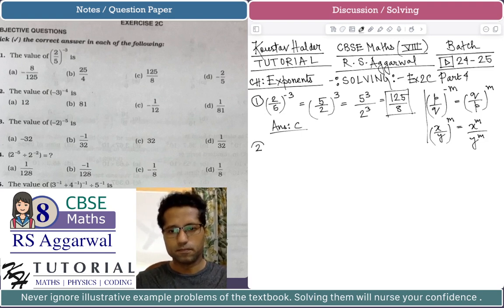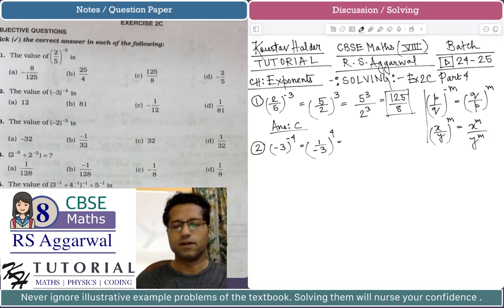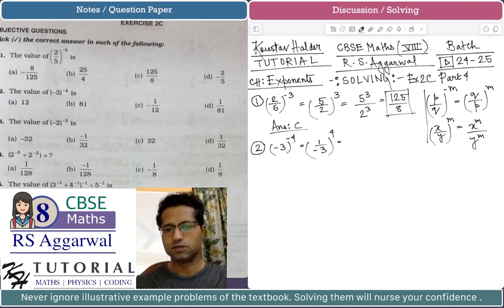Problem number 2. We have to find the value of minus 3 raised to the power minus 4. We know this will be the reciprocal of minus 3, that is 1 by minus 3 raised to the power 4. Now you can break the exponent form into rational form using this formula.